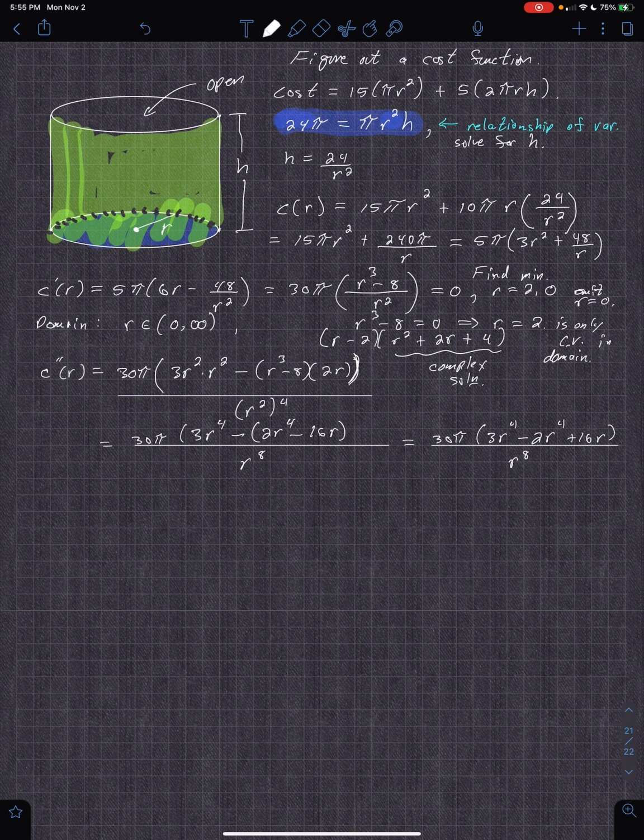Double check my work here. I don't have this one written down. So derivative of the top is 3r squared times the bottom minus the top times the derivative of the bottom all over the bottom squared. That's not going to change my result, but the bottom squared gives you r to the 8th, so the denominator is always positive.